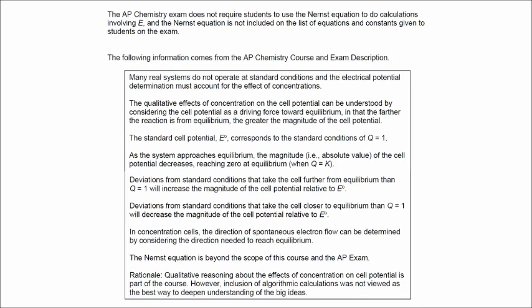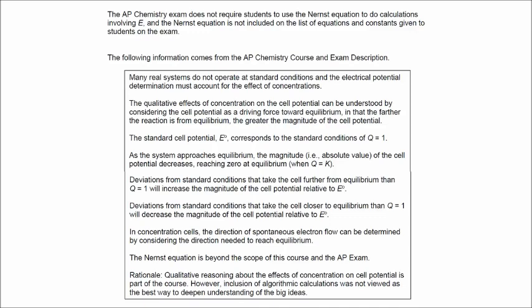Now I have a section of this packet which talks about the Nernst equation. The AP exam does not require students to use the Nernst equation to do calculations involving the cell potential, and the Nernst equation is not included on the list of equations and constants given to students on the exam. So you might think, why are we talking about the Nernst equation if we're not going to use it?